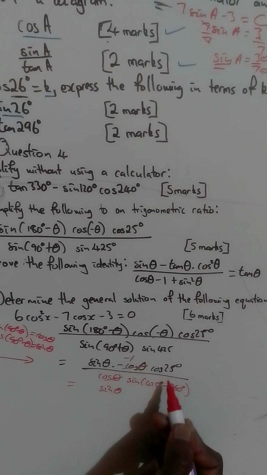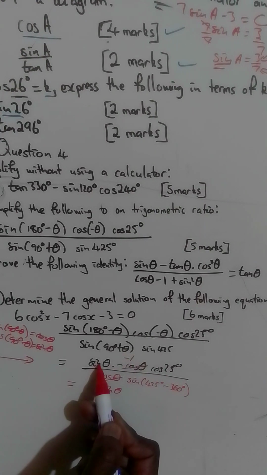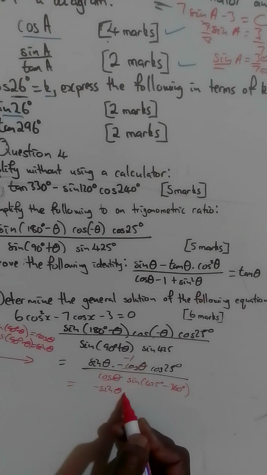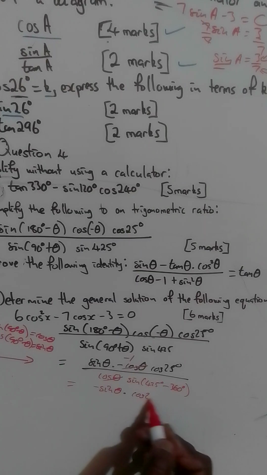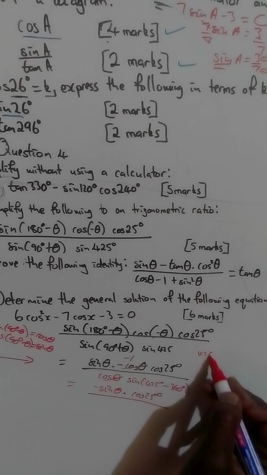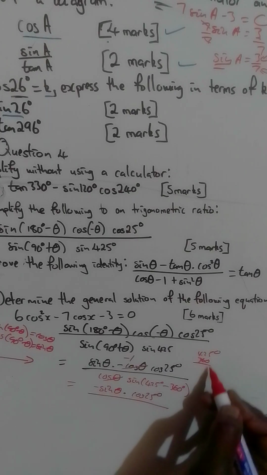And I've got cos 25. So now, what happens? Now I'm going to say negative multiplied by this. So this sine theta, I'm going to call it a negative sine theta, I say multiplied by cos 25 degrees all over. Now when I say 425 degrees minus what? Minus 360.